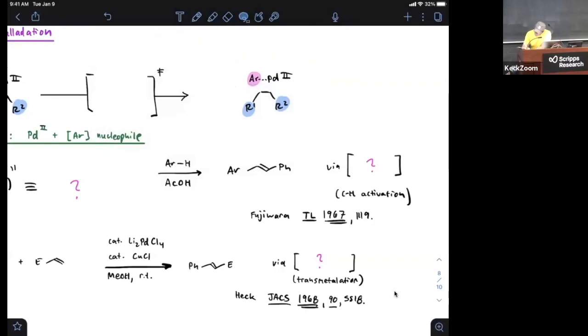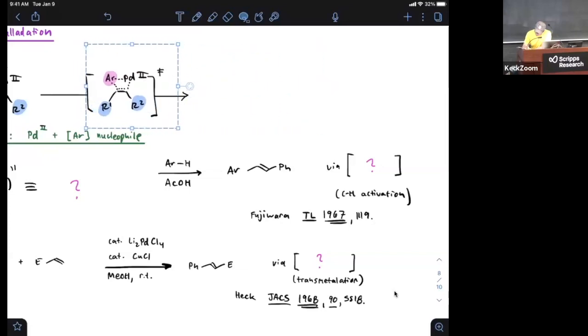Trading a pi bond for sigma bonds. Oops, and I need the partial charges. I'll draw now the implicit H atoms here just for completeness' sake.